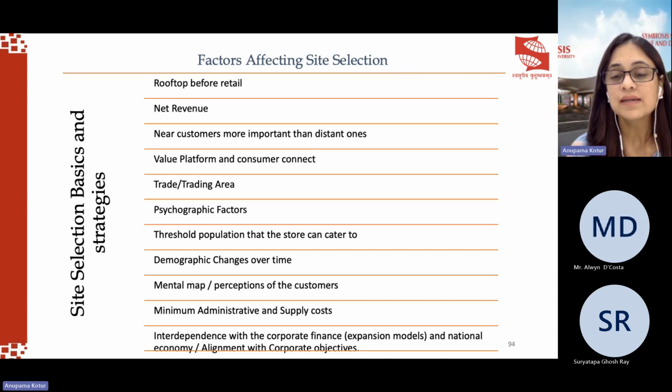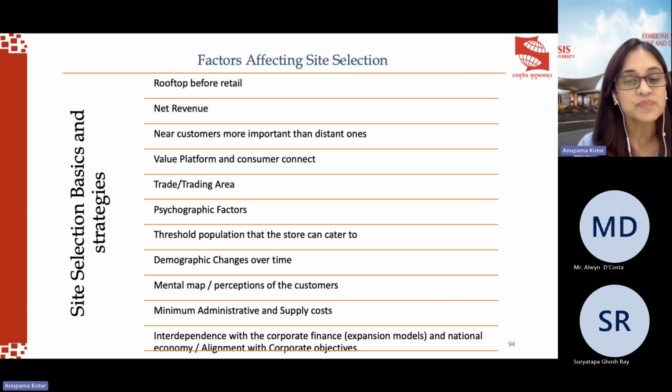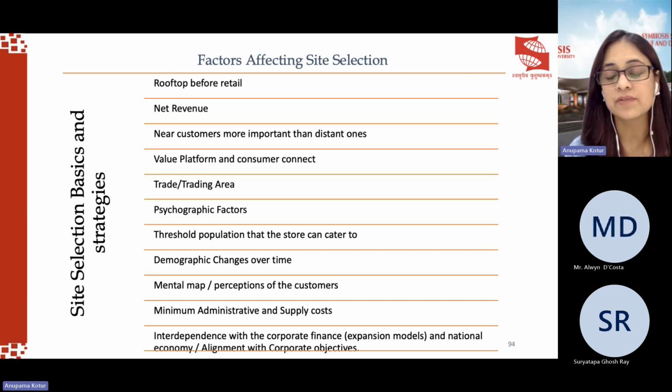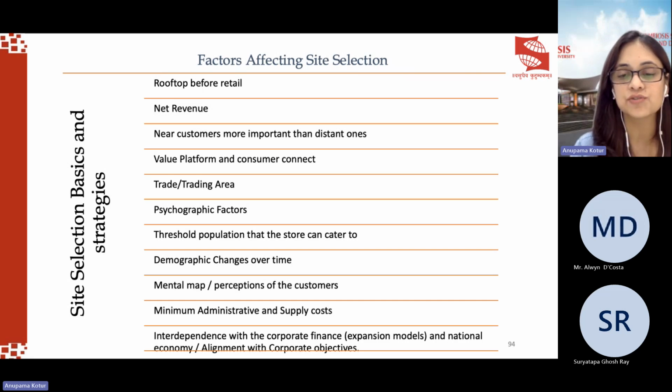But when they adopted the same thing in Mumbai, it didn't work for them as much as it did for Bangalore or Hyderabad. Reason being, in Mumbai, the dependency on public transportation is very, very heavy, right? So if somebody has to go to IKEA, which is very far from the city, everybody is going to think, oh, is there a metro or a local train that takes me there? If it's not, then, really, I'm not interested in going to a place like that, right? So IKEA then definitely had to re-look at their own decision and then open smaller units or smaller versions of the store within the city limits to cater to this kind of an audience.